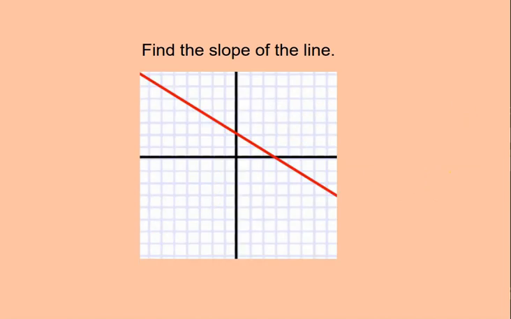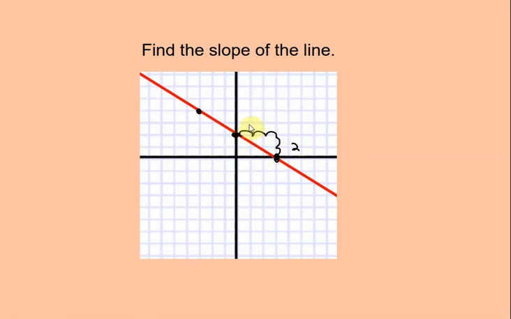Okay, here's another graph where they did not mark our points for us, but it looks like it's crossing right here, right here, right here. Those are a few places where it's crossing the little crosshairs. So we're going to travel from one to the next dot. I'm just going to go from this bottom one to this middle one. And if I do, I'm going to rise 1, 2 spaces, and then I'm going to run 1, 2, 3 spaces.